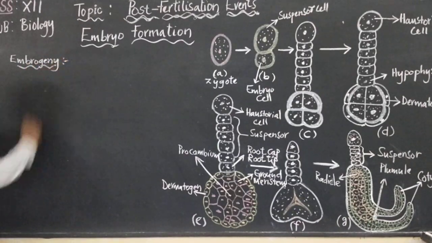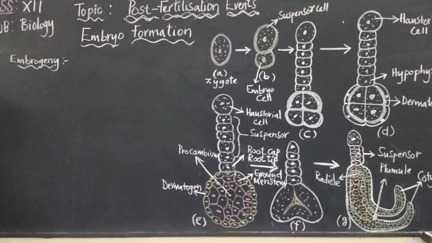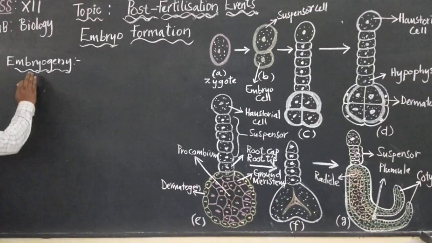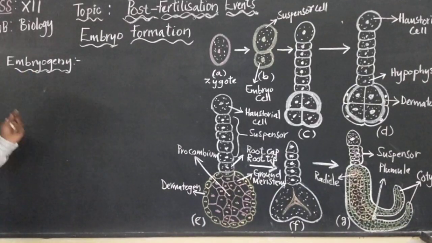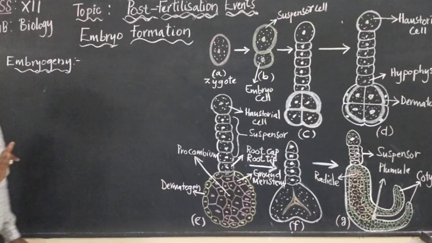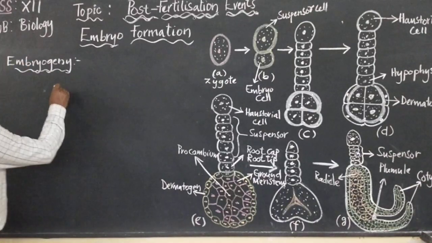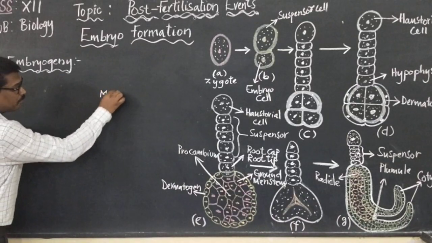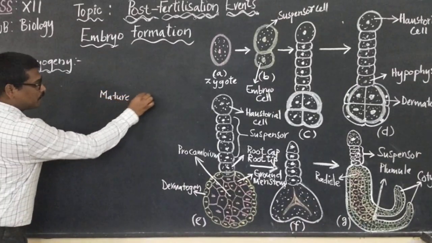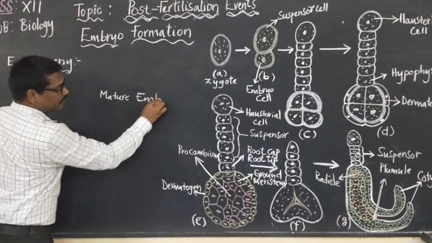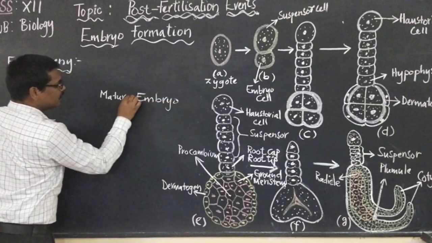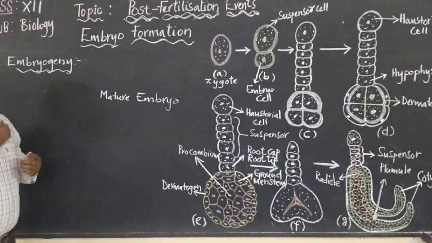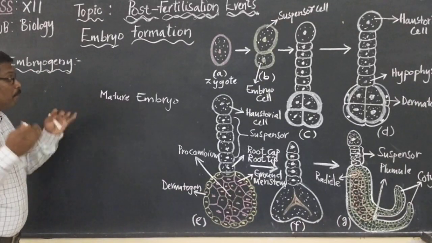So what is embryogeny? It is the process of formation of a mature embryo from a fertilized egg, that is, from the zygote.